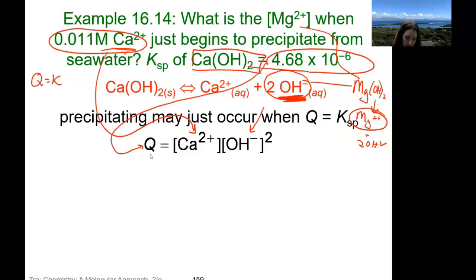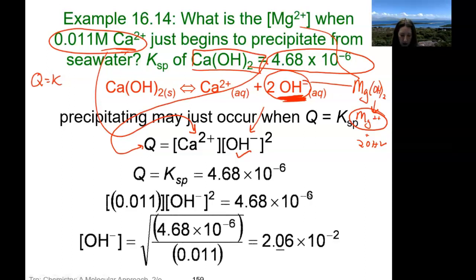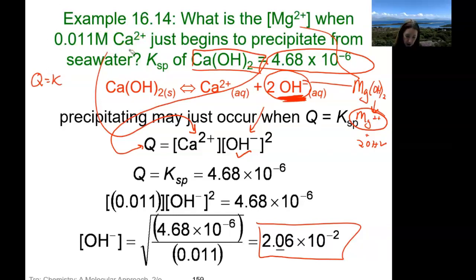Then all we do is solve for OH. We've now done this piece three different times. So here's our concentration of OH when calcium begins to precipitate.